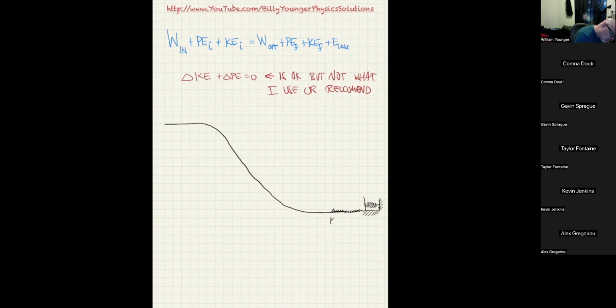I'm going to say this distance right here is, let's say, 50.0 meters, and let's say mu is equal to 0.700 there.